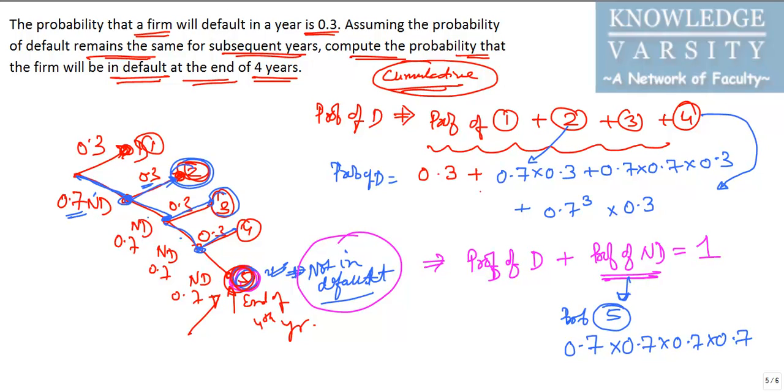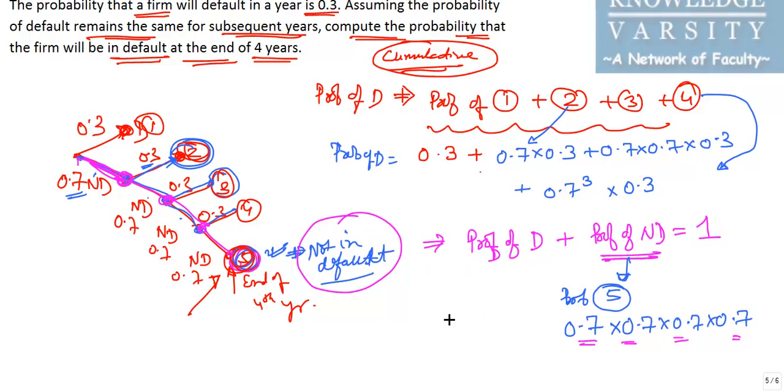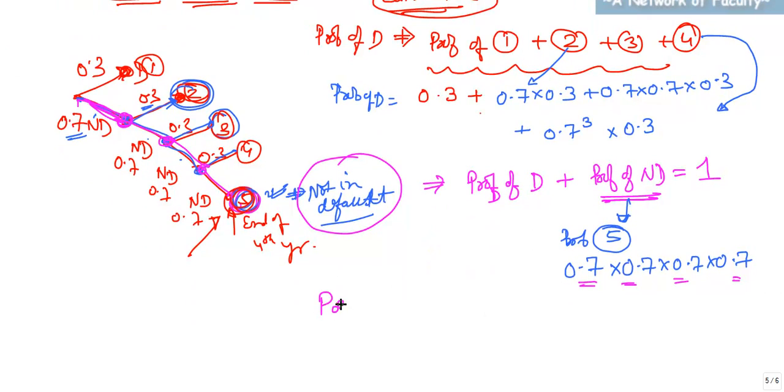So the probability of the node will be given as this probability, this, this and this. So it is 0.7 to the power 4. So I can write that probability of default plus probability of not default, which I know as 0.7 to the power 4, equal to 1.